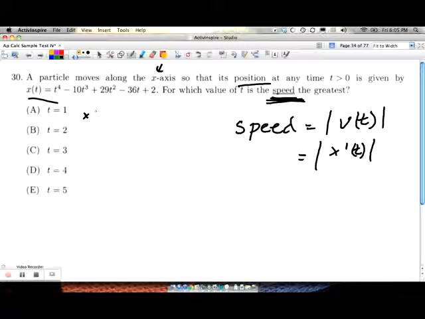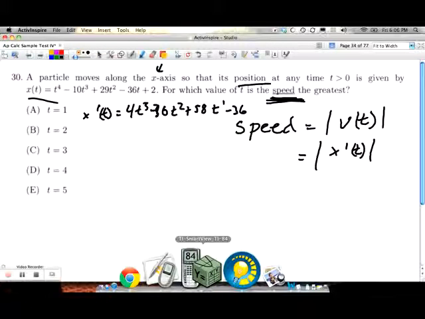Well, let's figure out what x prime would be. x prime of t is going to equal 4t cubed minus 30t squared plus 29 times 2. What's that? That's 58t to the first power minus 36. So let's figure that over the interval for t from 1 to 5.